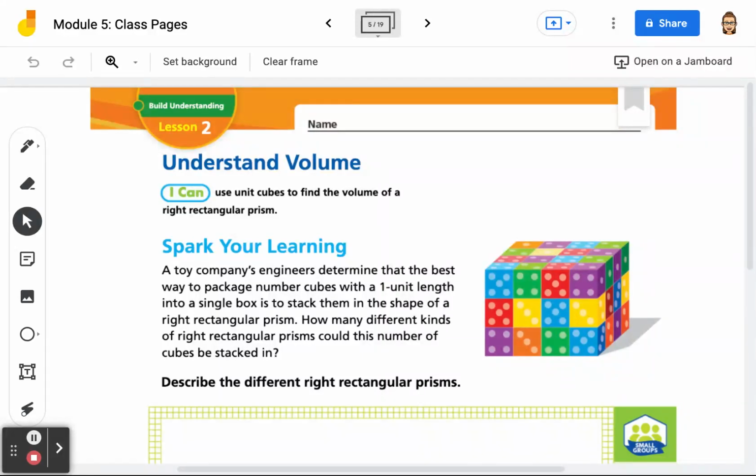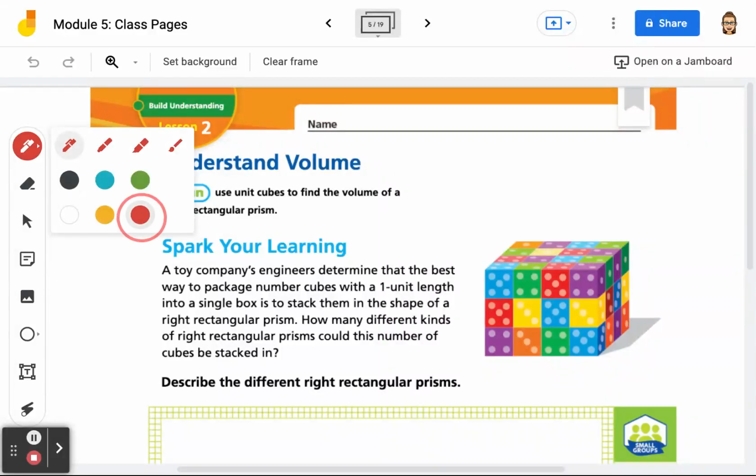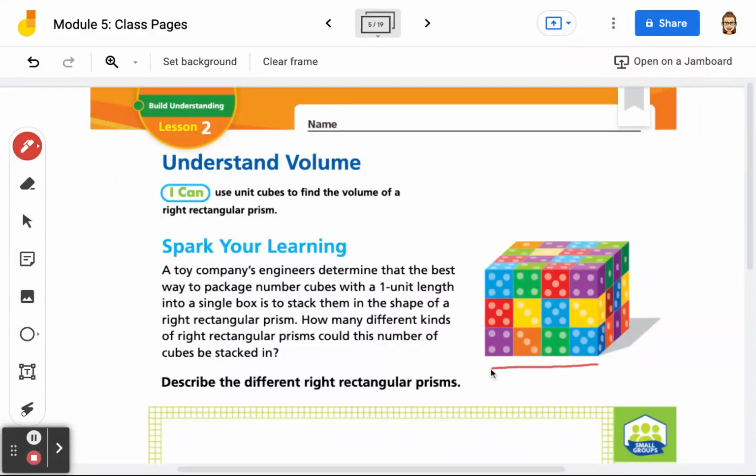Well, our first step would be to figure out how many cubes there are. So if we go across here, there are 4, so that'd be the length. We go back, there are 4, so that's going to be 16 in a layer.